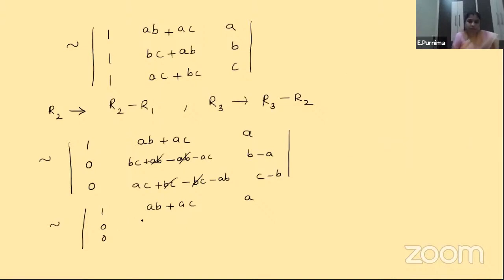If I take C common, what is left? B minus A is there, and here also B minus A. Why am I taking common? You understood now? Here AC minus AB is there, in that we can take A common, so we are left with C minus B. Here also we have C minus B.